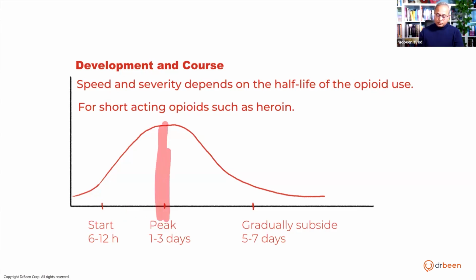Then the symptoms will peak in 1 to 3 days, and gradually start subsiding by 5 to 7 days. It is also true that sometimes these symptoms continue for weeks to months. Again, it depends upon many factors: what kind of opioid, how long did they take it, what was the dose, etc.